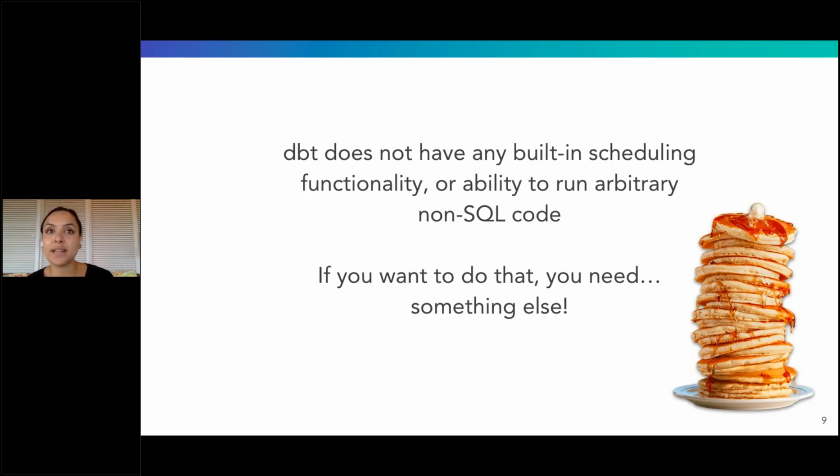So anything that relates to, for example, your load step, your extract step, any sort of more complex operations or calculations that you want to do in Python, or if you want to run any of your ML models or anything like that in your entire data pipeline, you won't be able to handle with dbt.